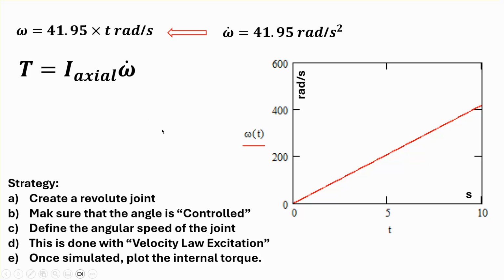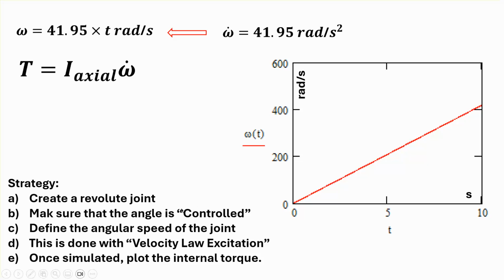Now, in view of the fact that I'm given angular acceleration, quote unquote, velocity distribution, angular velocity, you cannot just go and repeat the steps that we did in number 8. What you have to do is create a revolute joint, make sure that the angle is being controlled there.